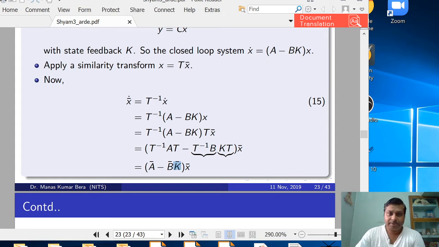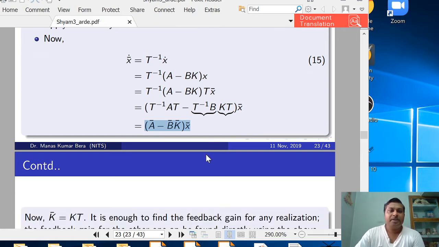So this is the system in the original domain, and this is the system in the transform domain. To do this calculation, our aim is to know how the transform domain gain matrix K bar and the original system gain matrix K are related.